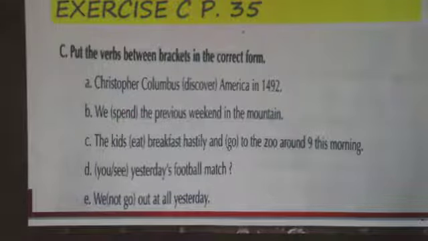Now C, we have the kids eat breakfast hastily, and we have go to the zoo around 9 this morning. Suppose now it's afternoon, so 9 this morning is a time which is in the past, okay?